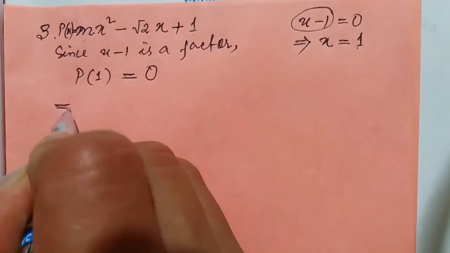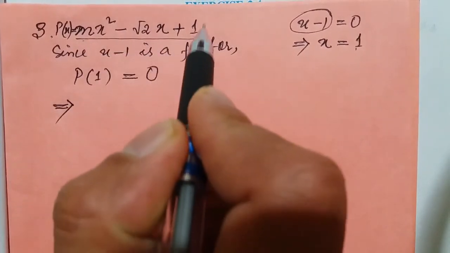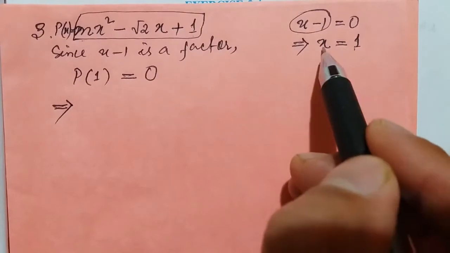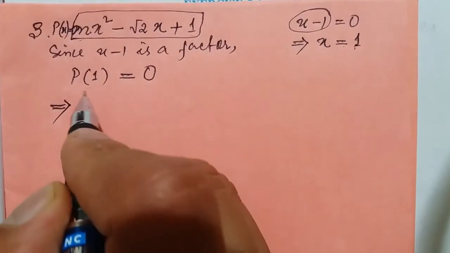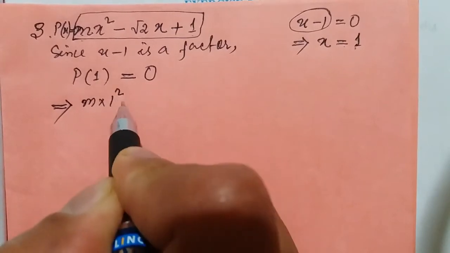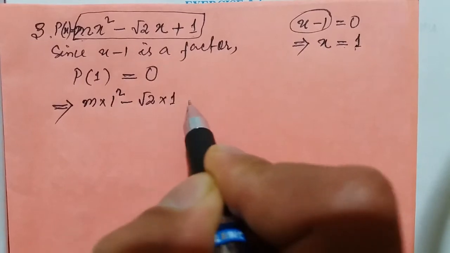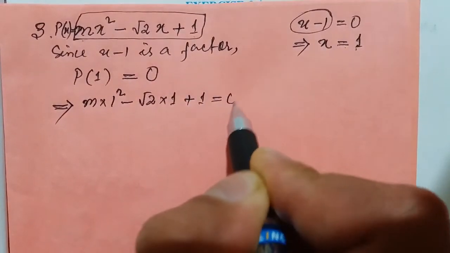Now instead of x in this polynomial, we will substitute 1. So m into 1 square minus root 2 into 1 plus 1 is equal to 0.